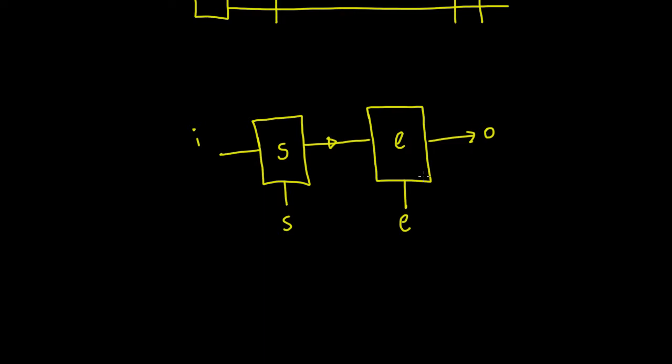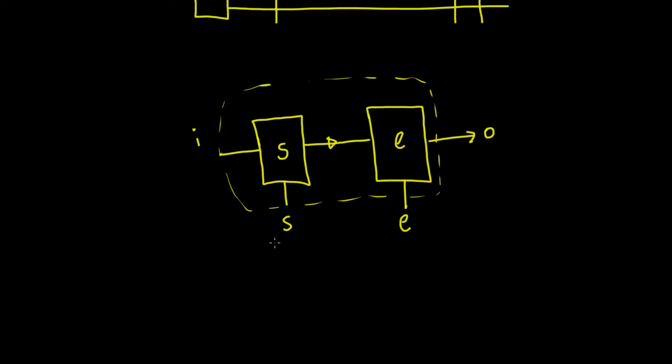So the way we can think about it is the set goes high and low and we write to the memory cell, we pass the data into it. Enable goes high, we pass that information to the output, so in effect we read from the memory cell. Set is to write and enable is to read.